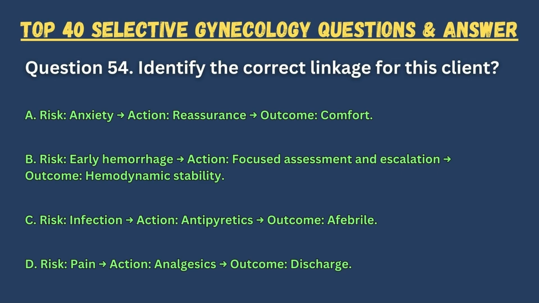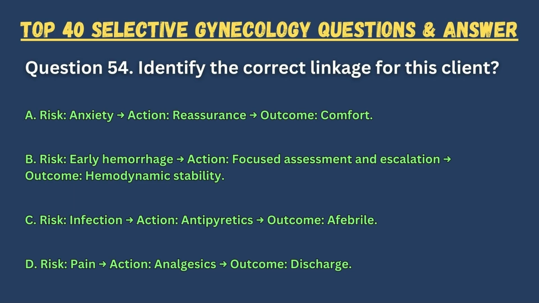Question 54. Identify the correct linkage for this client. A. Risk, anxiety; action, reassurance; outcome, comfort. B. Risk, early hemorrhage; action, focused assessment and escalation; outcome, hemodynamic stability. C. Risk, infection; action, antipyretics; outcome, afebrile.